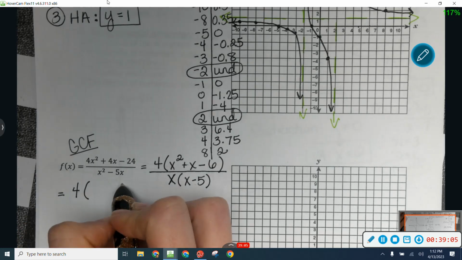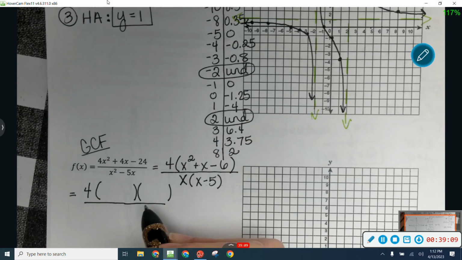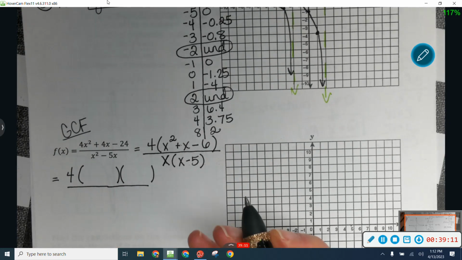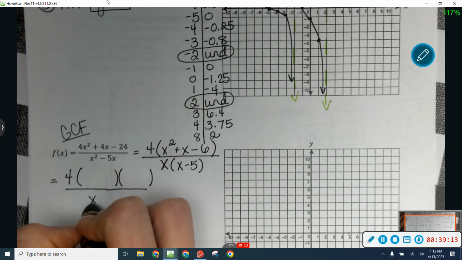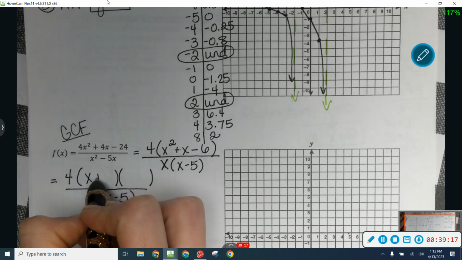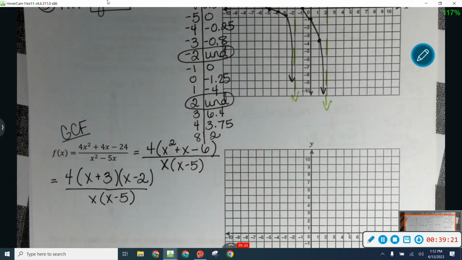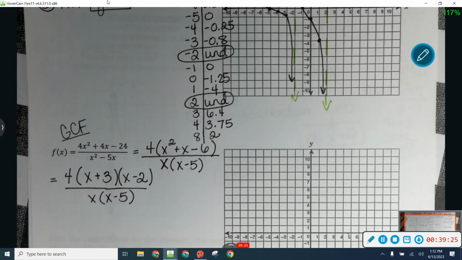So what does that factor into? I need factors of 6. X plus 3, x minus 2. Alright, because it's a minus 6, so that's going to be different signs. Larger factor takes the sign of the middle.